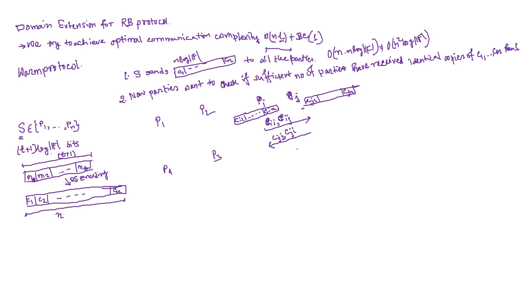So they know that they are communicating with each other. Pi and Pj note their corresponding IDs, and depending on that they mutually share information of particular two positions. So there are n positions to compare with each other, but instead of comparing all the n positions of its local copy of the code word, they just choose to check for equality of two particular indexes. This is really a clever tip.